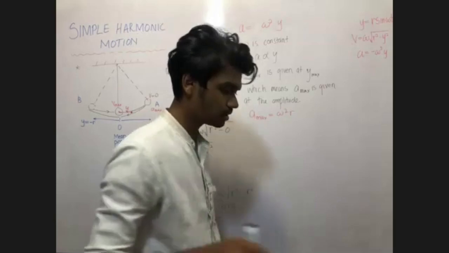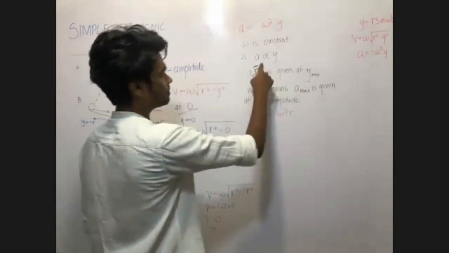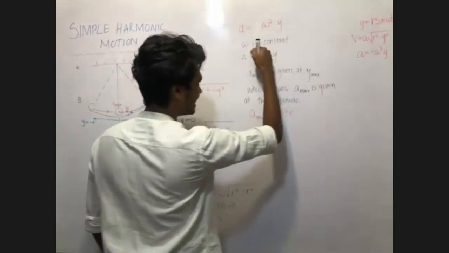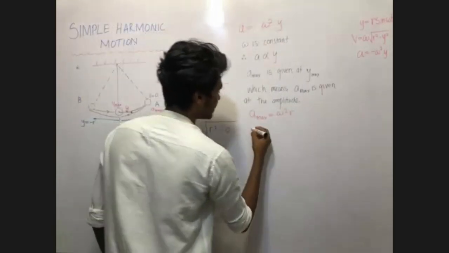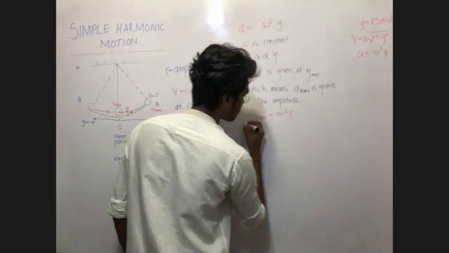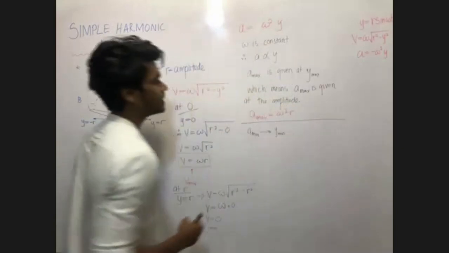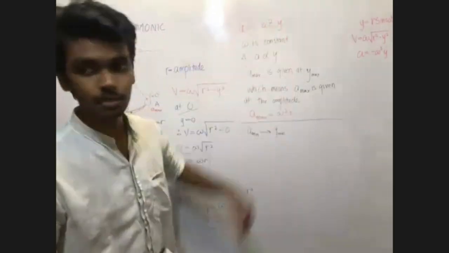To find that out, we can once again use this. A is minimum when y is minimum.